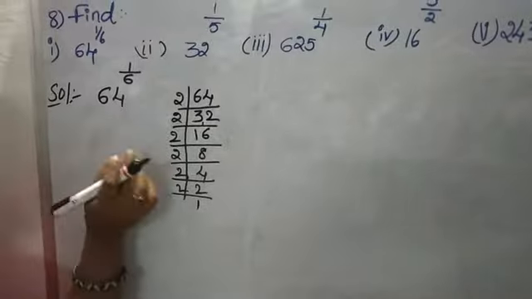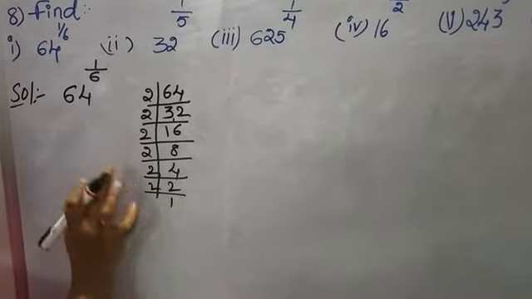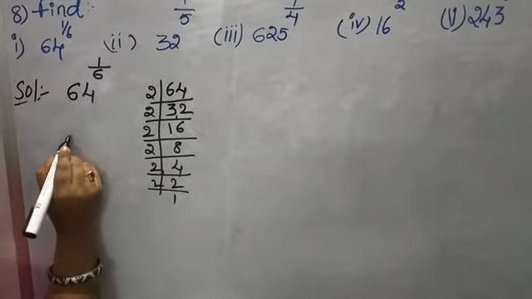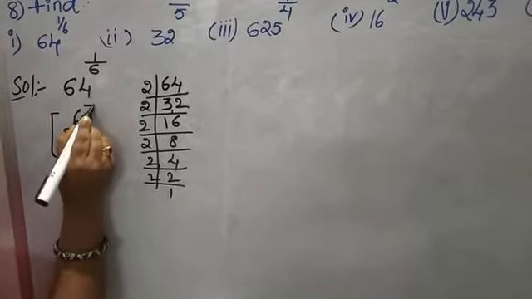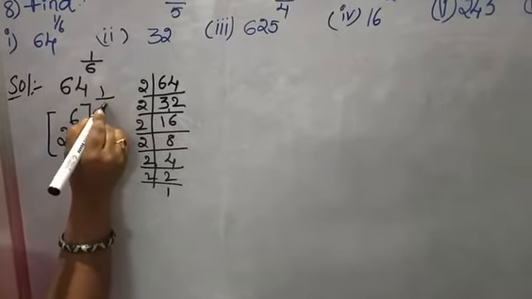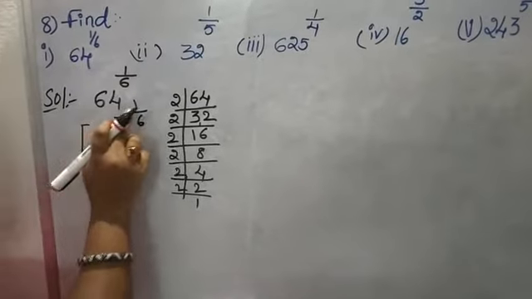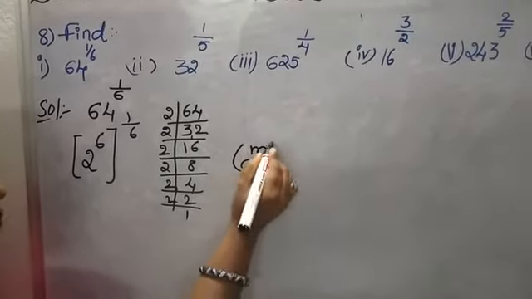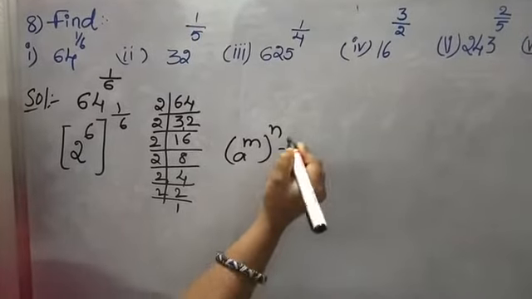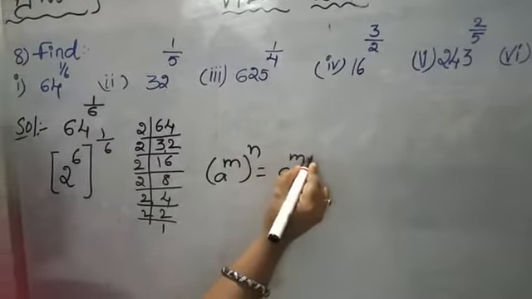So 2 can be multiplied 6 times. We are getting 64, which means 2 to the power of 6, again whole to the power of 1 by 6. We know one formula: a to the power of m whole to the power of n is equal to a to the power of m into n.